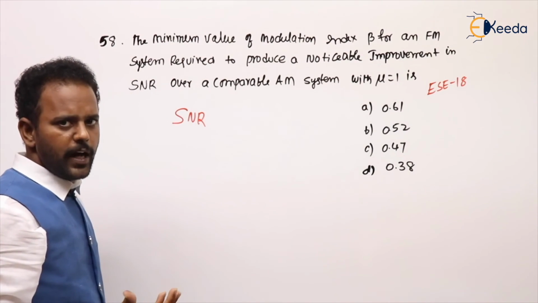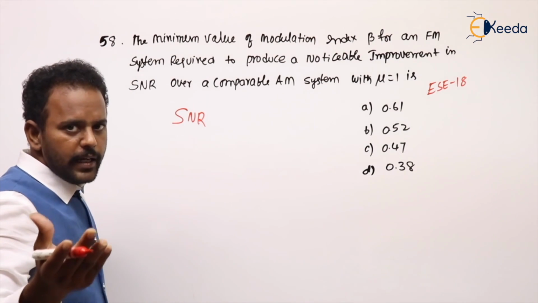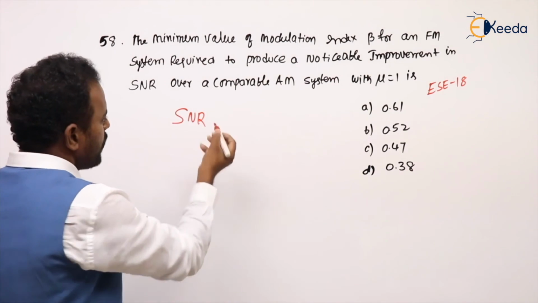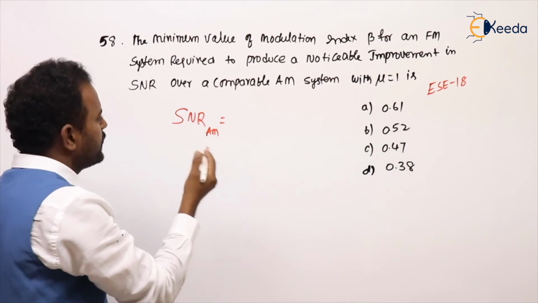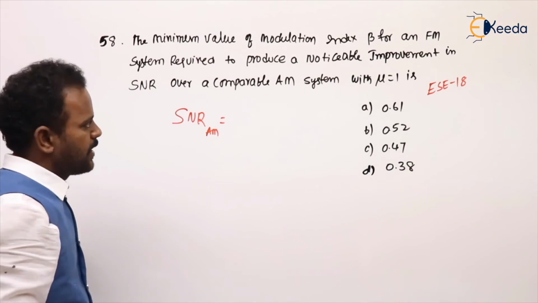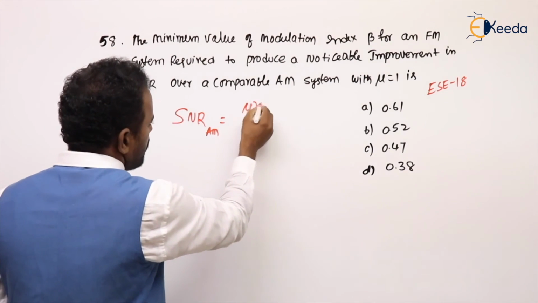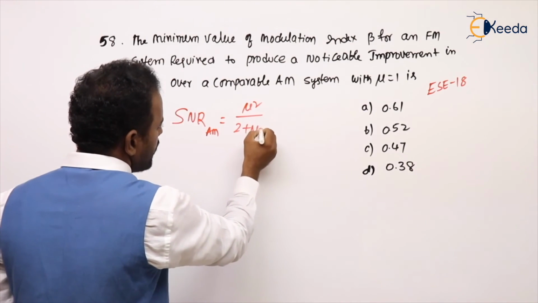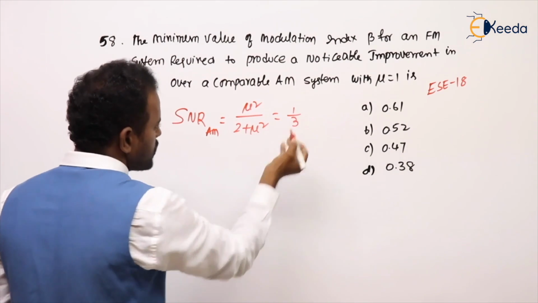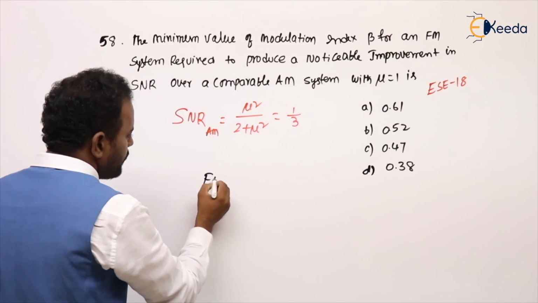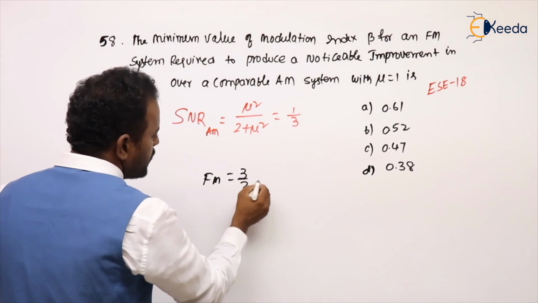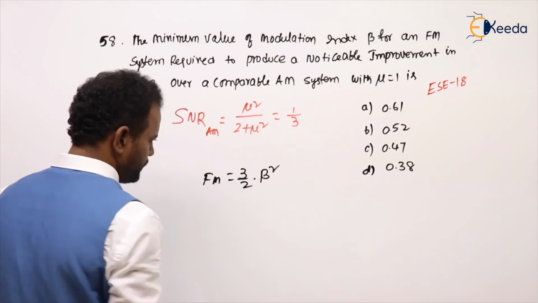SNR means figure of merit values. I gave them in the waveforms. What is that figure of merit value? Figure of merit means output SNR by input SNR. That is nothing but mu squared by (2 plus mu squared). Mu given 1. So 1 by 3 means 0.33. What about for FM? It is 3 by 2 beta squared.